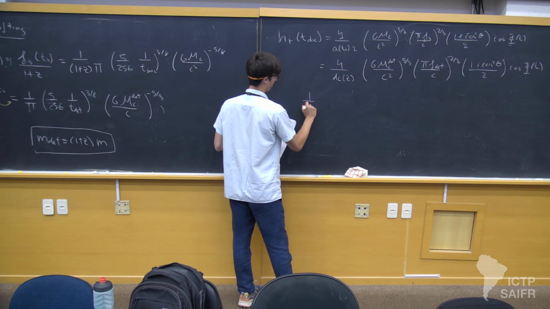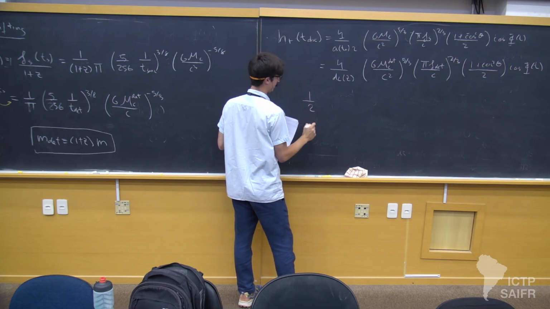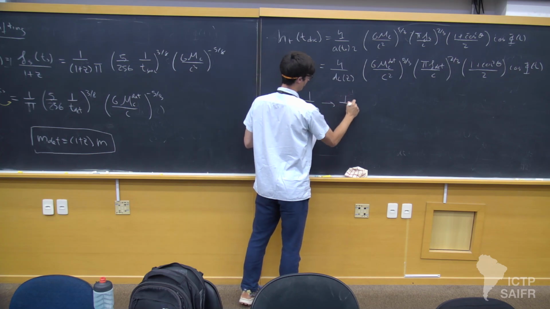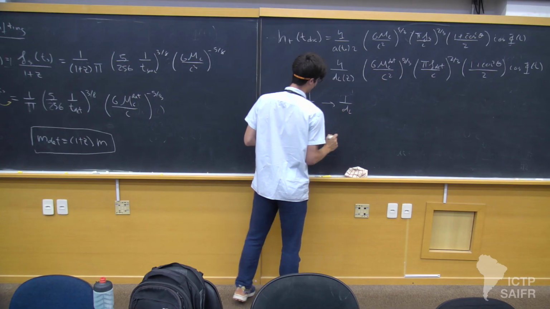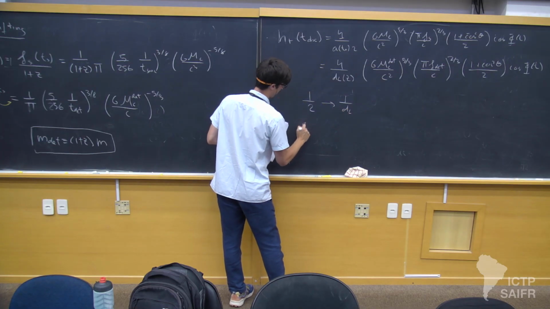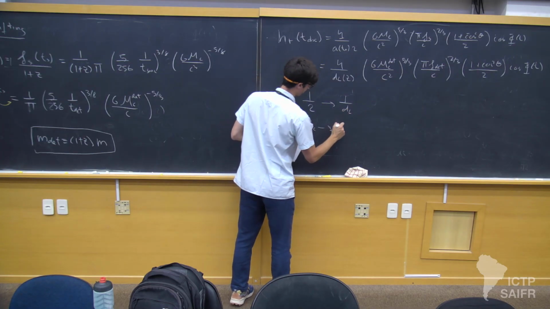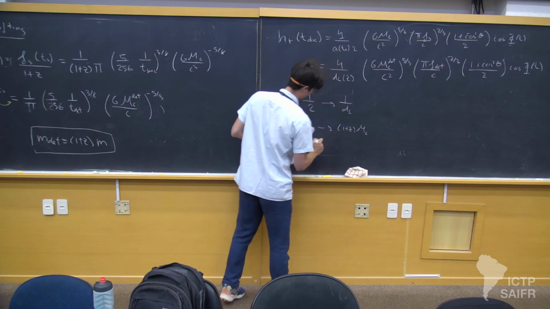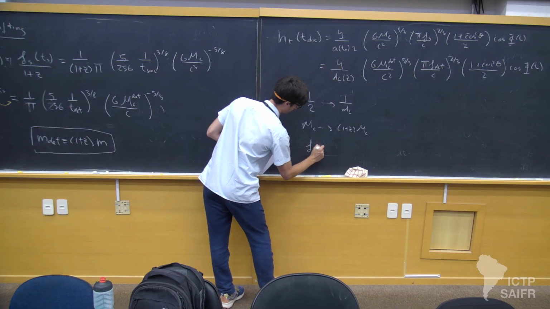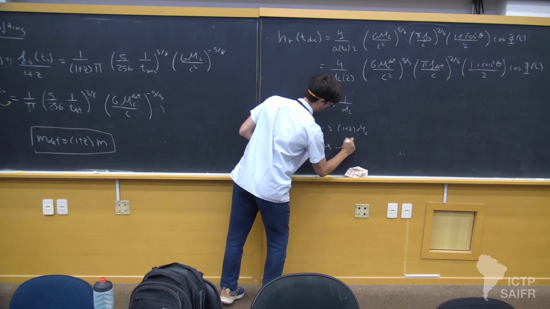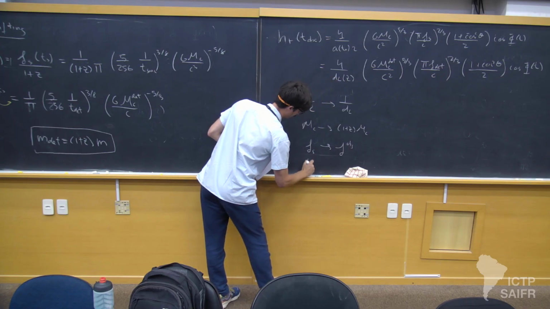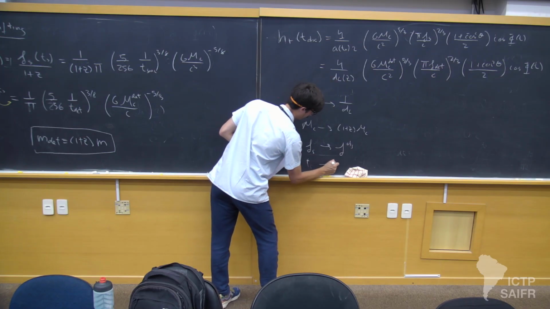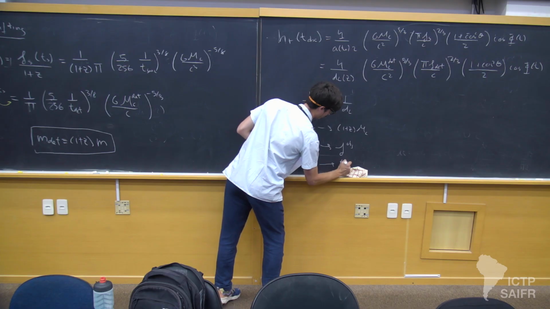And then also distances. Instead of having 1 over r, we have 1 over the luminosity distance. Instead of having source mass, we have 1 plus z times the source mass, and then we have frequency of the source to frequency of the observer, time of the source to time of the observer.